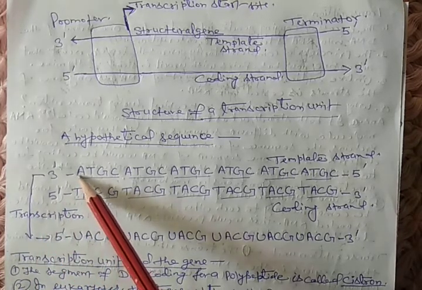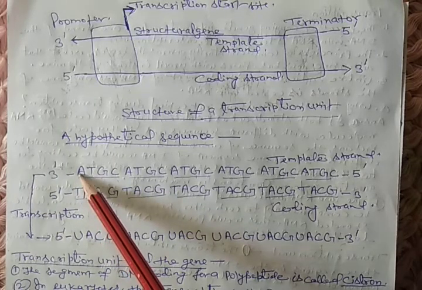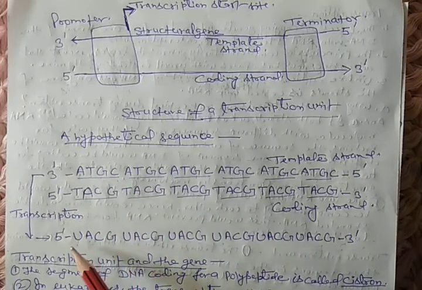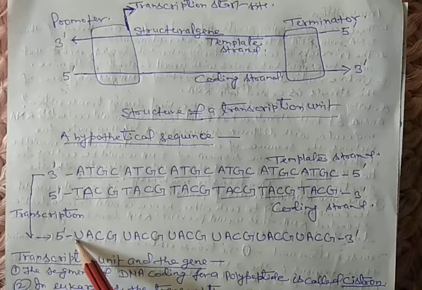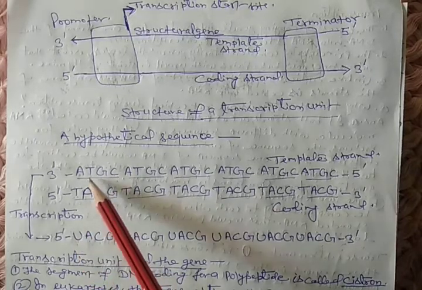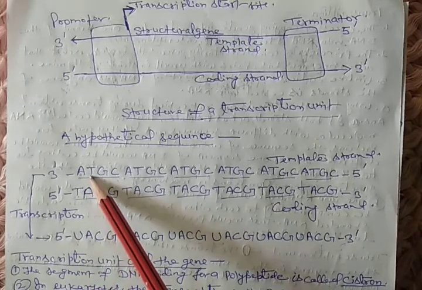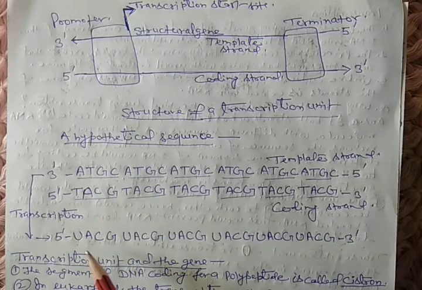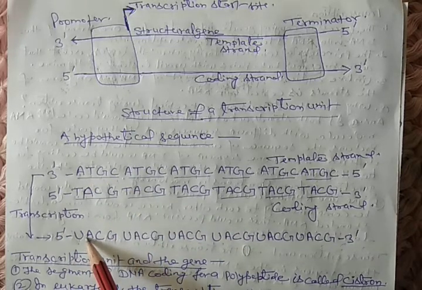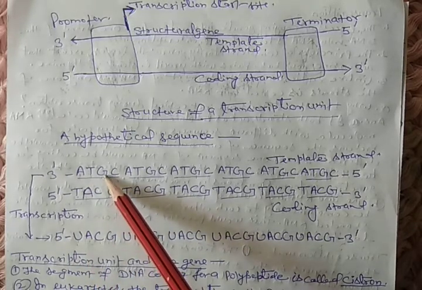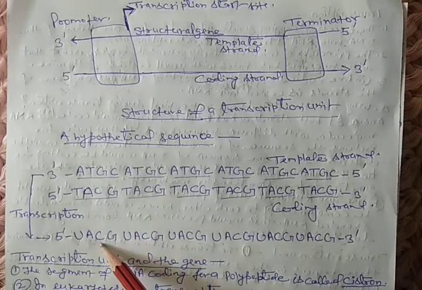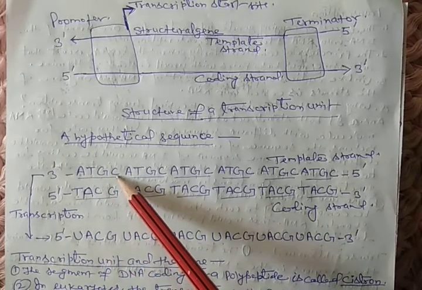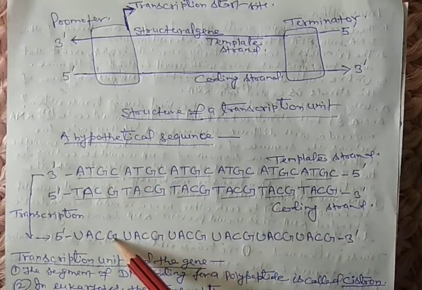Likewise, if there is thymine in the template strand, then in the RNA there will be adenine. If there is guanine, then there is cytosine. If there is cytosine, then there is guanine.